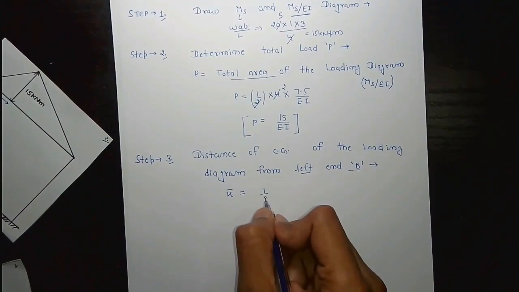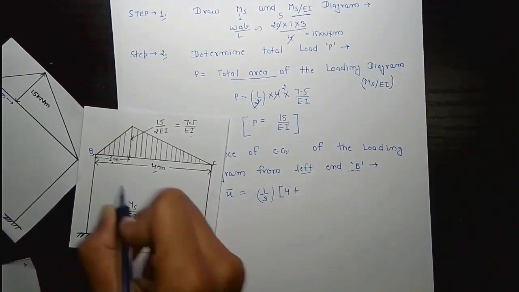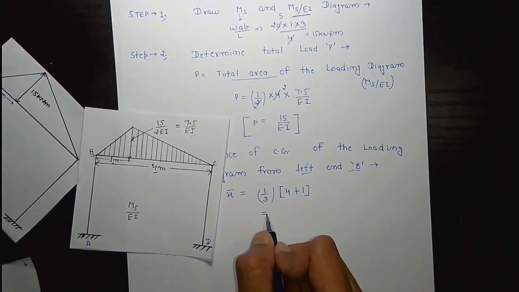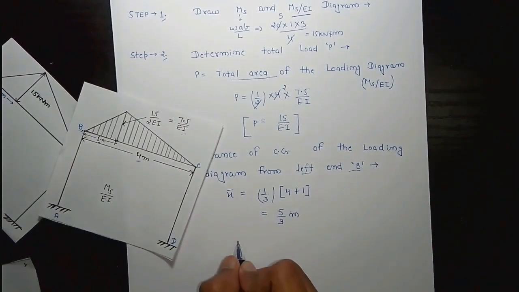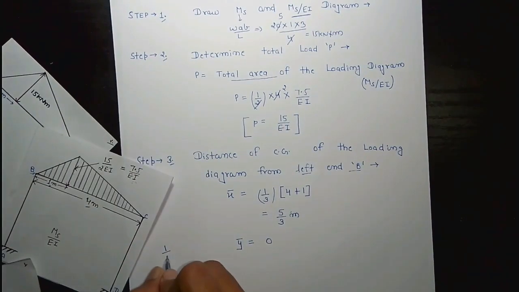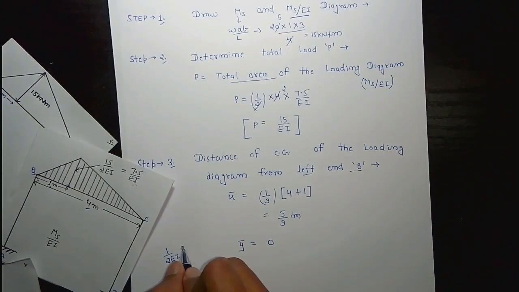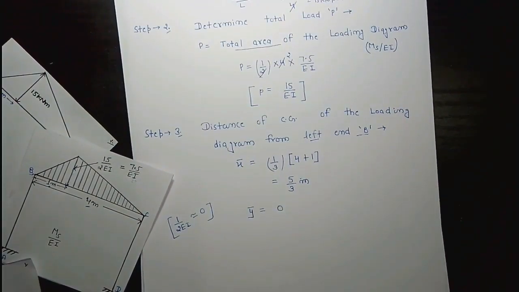So x bar will be 1 by 3 (4 plus 1), which is 5 by 3 meter from B. Now y bar will be 0 because 1 by 2EI is very small or negligible when compared with the length.